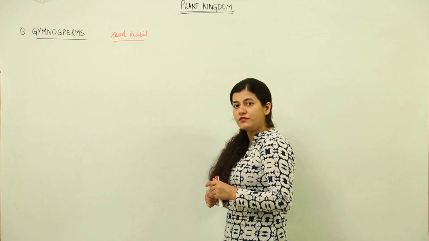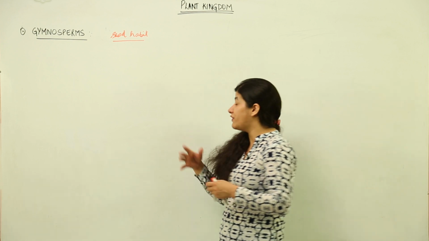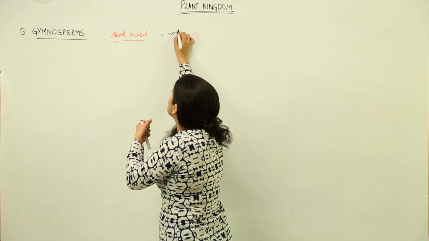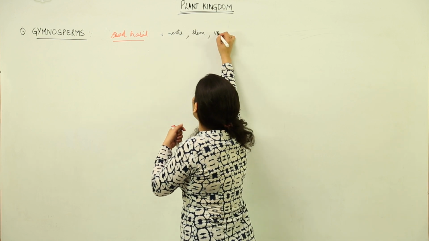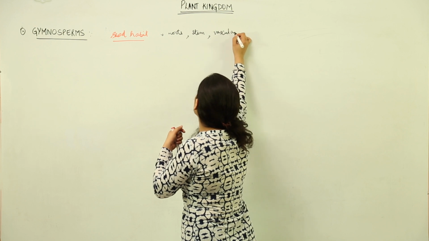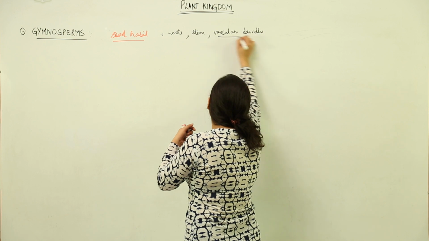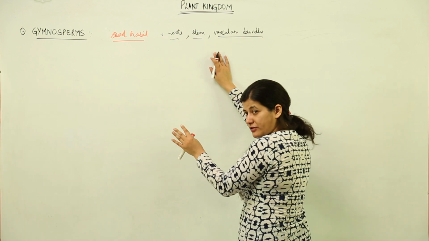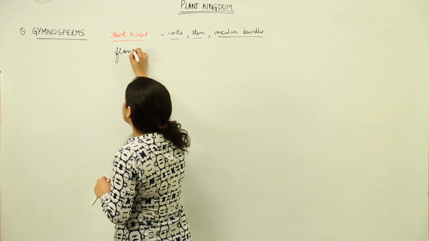What we see in case of gymnosperms is that the plant body is well organized into roots, woody parts like stem and vascular bundles. There are needle-like leaves which could be present. So this is what we see in the plants. Now seed habit is also there, and one thing is absent, that is flowers are absent.